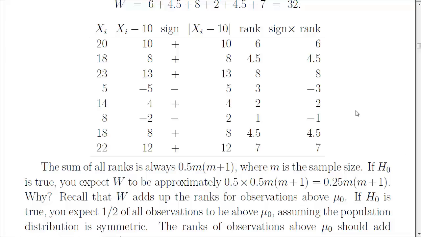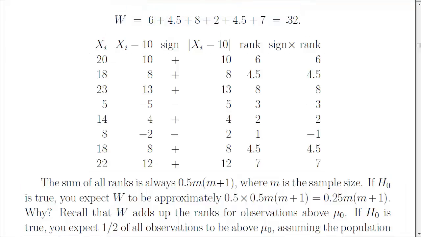And if about half the ranks are to the left and half are to the right of our hypothesized values, then that means these signs should be roughly distributed among these ranks. And so our test statistic W is expected to be half of the total number of the ranks. Okay, so instead of 36, we're looking at an 18. So we want to know, is our 32 that we observed close to 18?